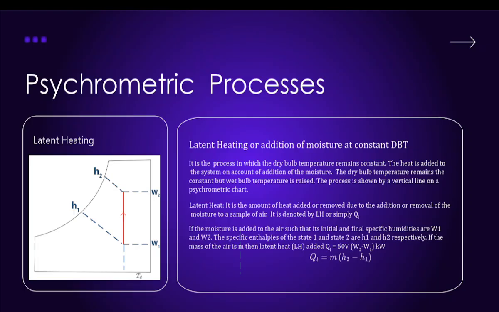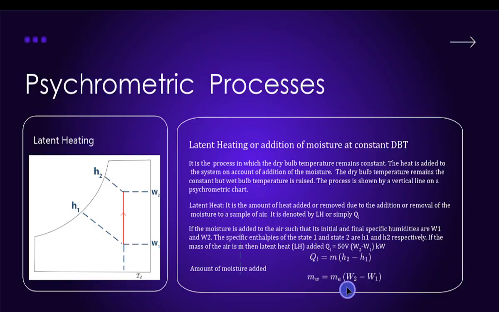So latent heat equals mass times (H2 minus H1) also. There are two formulas for this. One is 50 V (W2 minus W1), the other is mass times (H2 minus H1). And mass is nothing but the airflow divided by the specific volume.